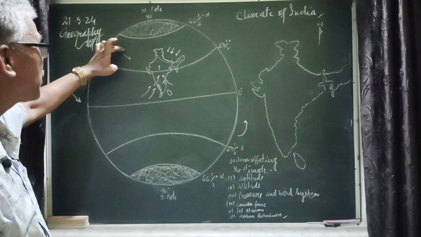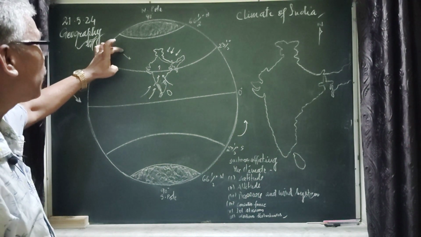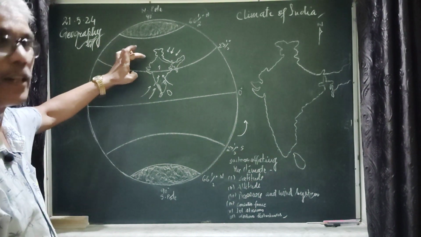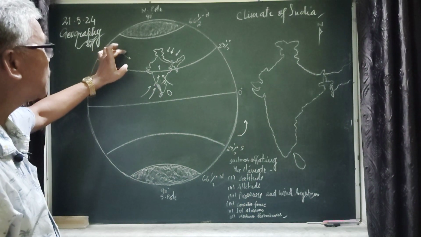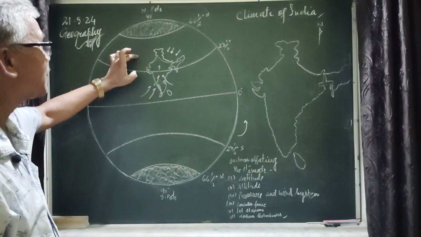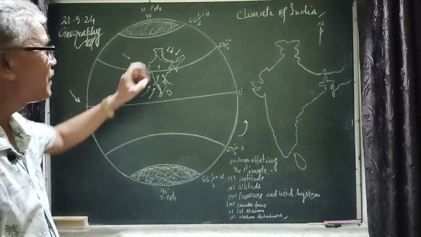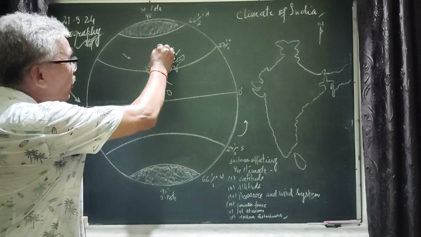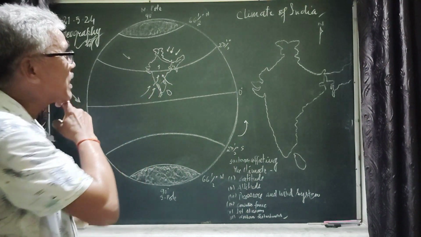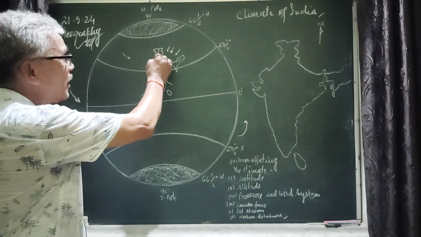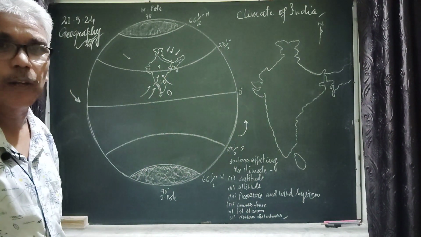This wind moves eastwards. After crossing Iran, Afghanistan and Pakistan, it enters India from the northwest, where it causes light rainfall in Punjab and Haryana and snowfall in Jammu and Kashmir.